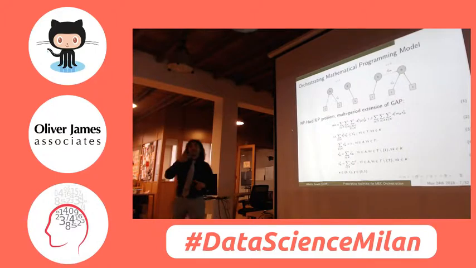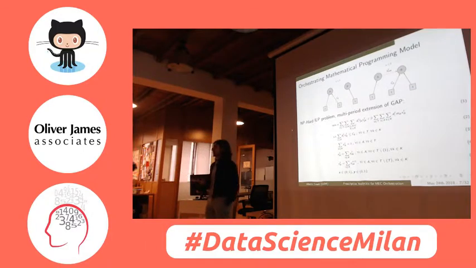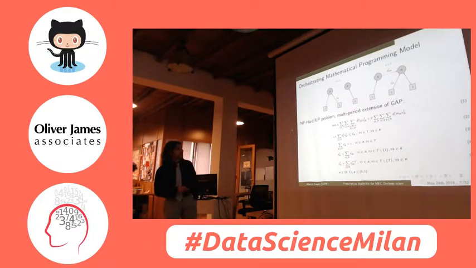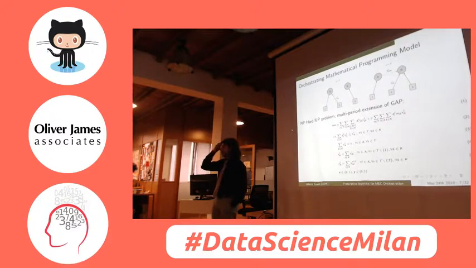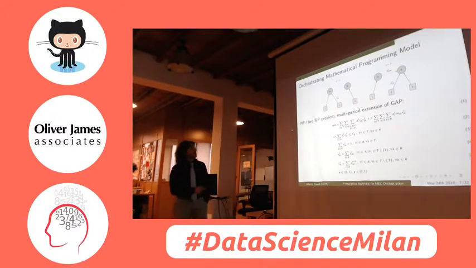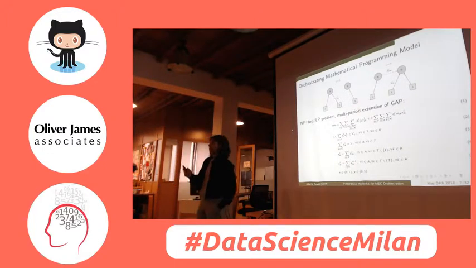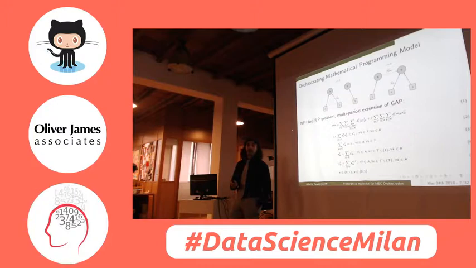And this I can model using mathematical programming that Andrea was talking about. So this nasty model with lots of equalities, inequalities, variables, data, is an example of a mathematical program. Okay? Might be scary, but it's a problem having a polynomial number of variables and a polynomial number of constraints.